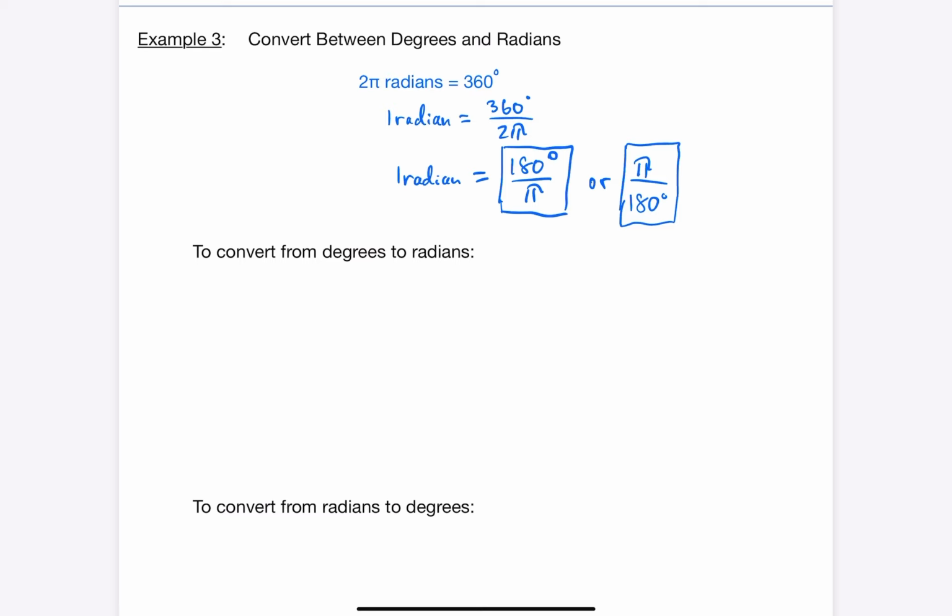So here's an example. Let's say we want to convert from degrees to radians, okay? So let's say we have 180 degrees, and we want to convert to radians. Okay, how many radians is that?